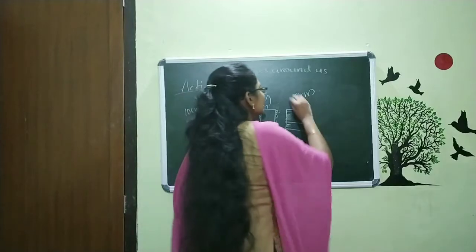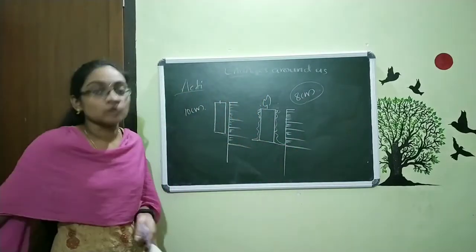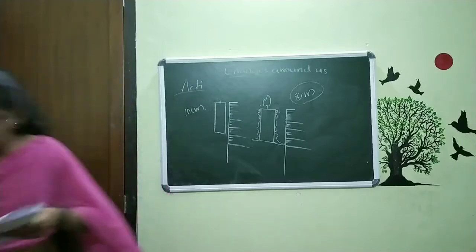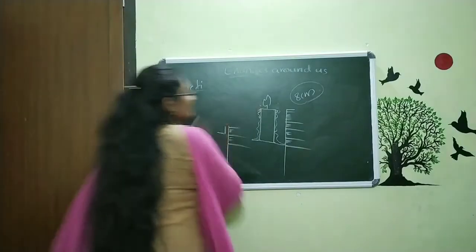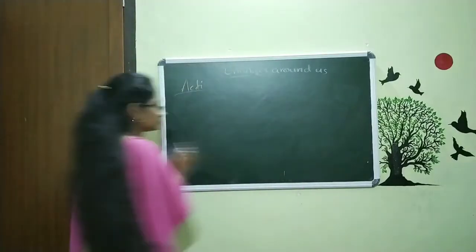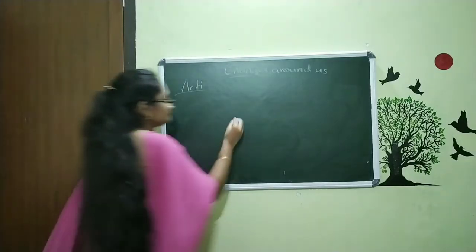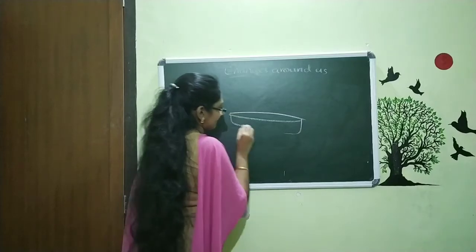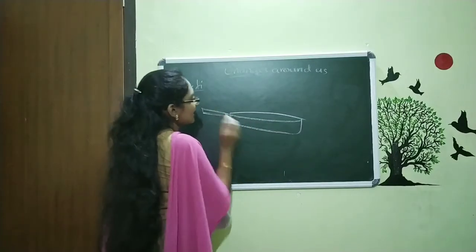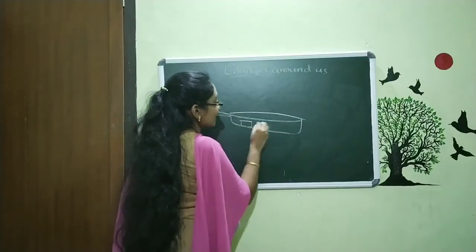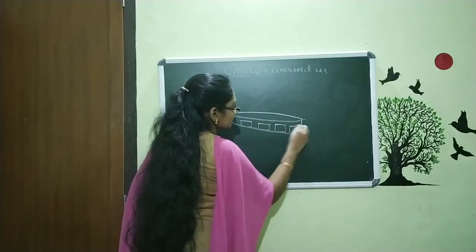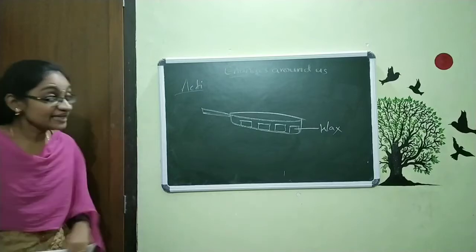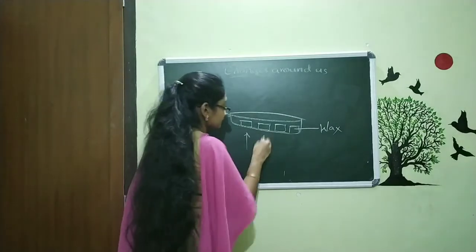And so now the question is this: is it reversible or not? That we are going to check. Again we are taking a pan, and taking some pieces of wax here, and I am going to give heat here.